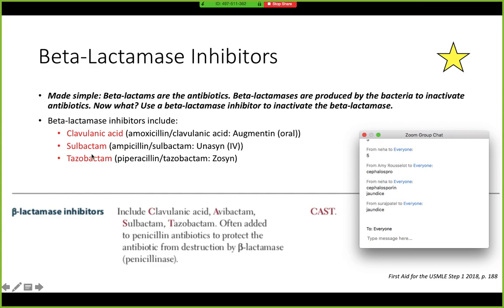Okay, so your beta lactamase inhibitors include clavulanic acid, sulbactam, and tazobactam. So the two that you see the most common, at least throughout second year, is going to be amoxicillin clavulanate, which is also known as Augmentin, and then piperacillin tazobactam is known as Zosyn.